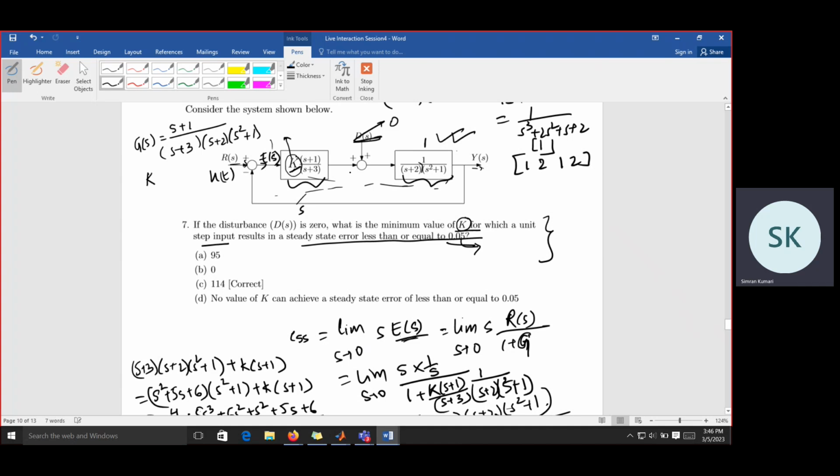Now this is a unity feedback system. So we'll use this and see how the root locus looks for this system, and then we can verify whether the conclusion that we drew from the Routh criteria is correct or not.